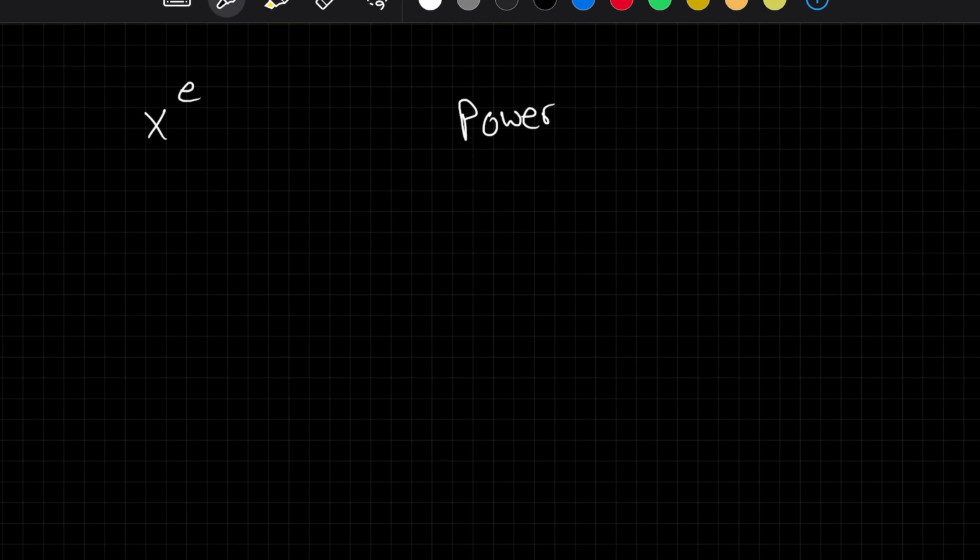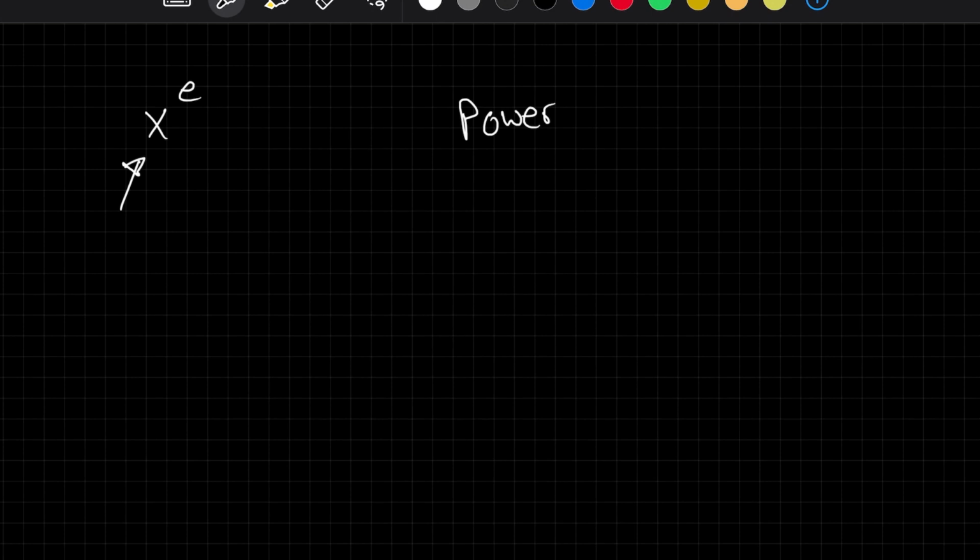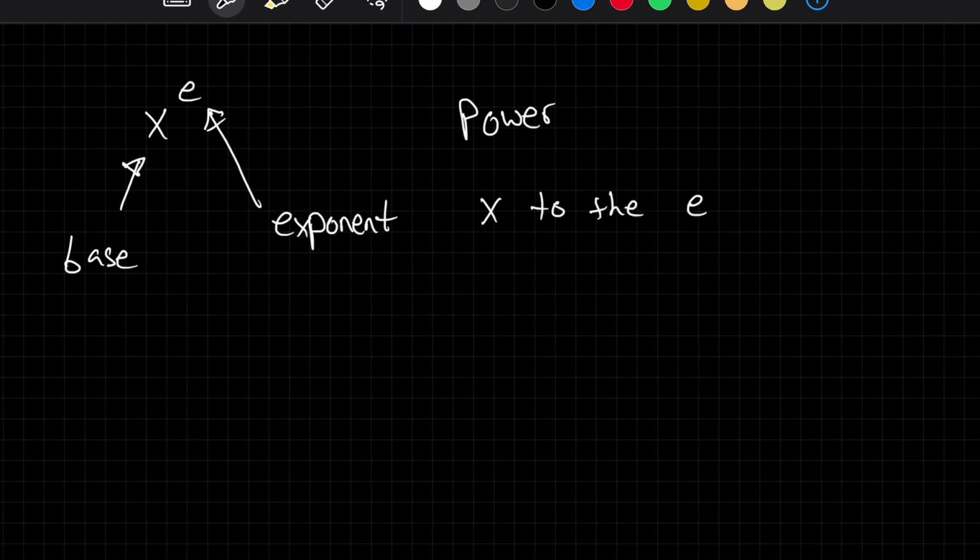And the x, the part that's normal text, that's not superscript, is called a base. And the e, this is called an exponent. So the way that you would say this is x to the e power.